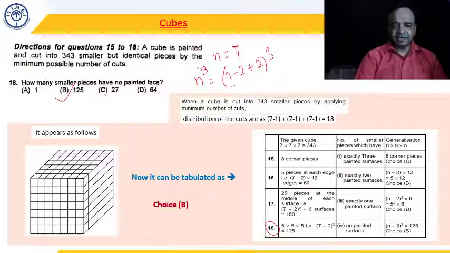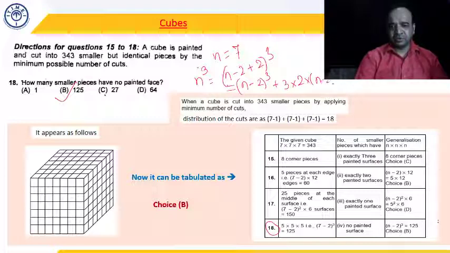If you expand with the help of a plus b whole cube, you will get n minus 2 whole cube plus 3 into 2 into n minus 2 whole square, then 3 into 2 square into n minus 2, and after that 2 raised to the power 3.